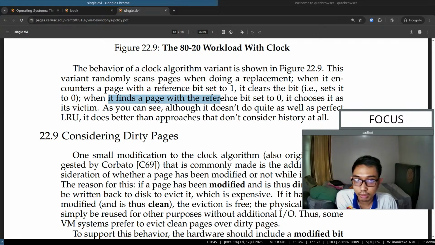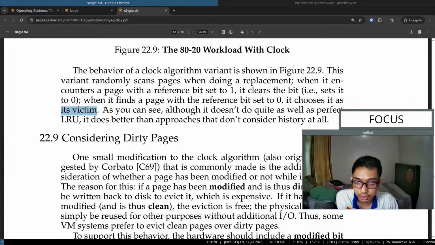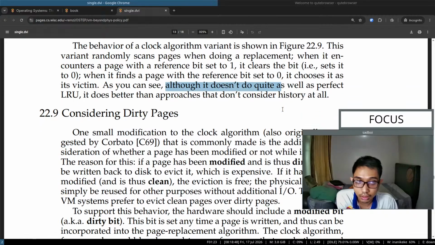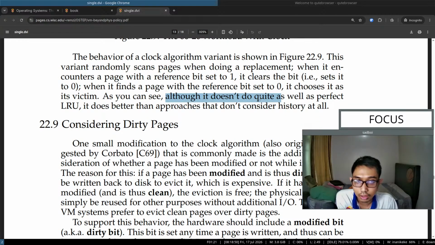When it finds a page with the reference bit set to 0, it chooses it as its victim, the page to replace. As you can see, although it doesn't do quite as well as perfect least recently used, it does better than approaches that don't consider history at all.